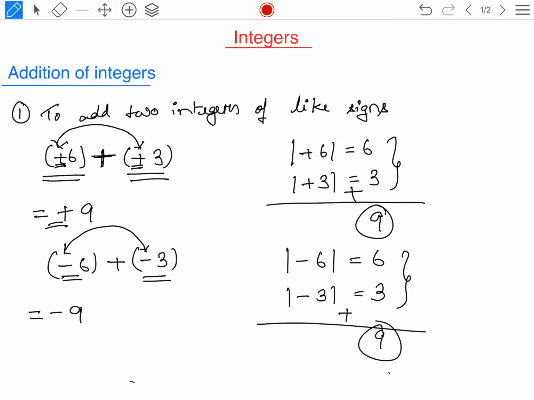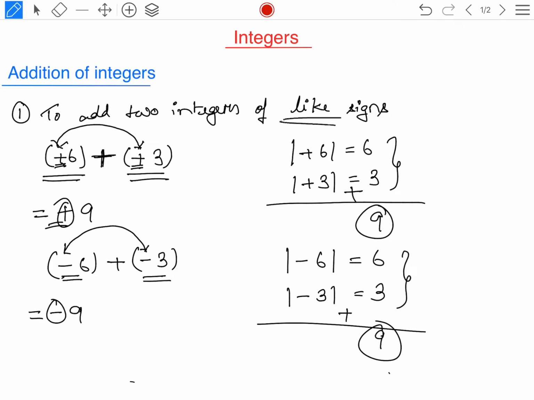In the second case, the negative sign is common in both integers. That's why in the first one we used the positive symbol, in the second the negative symbol, and we need to find the absolute values and add them. I think you have understood. The first rule is for like signs.